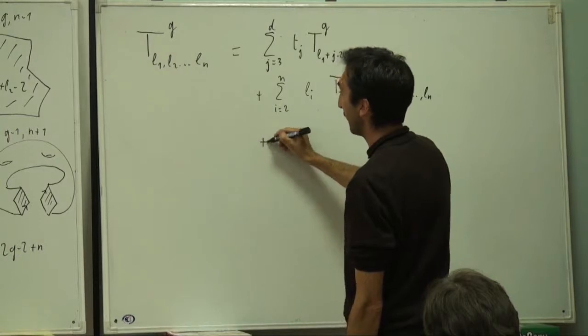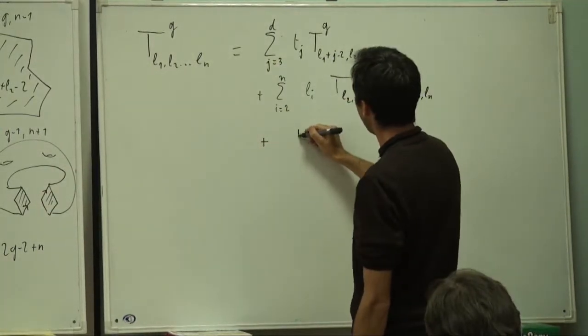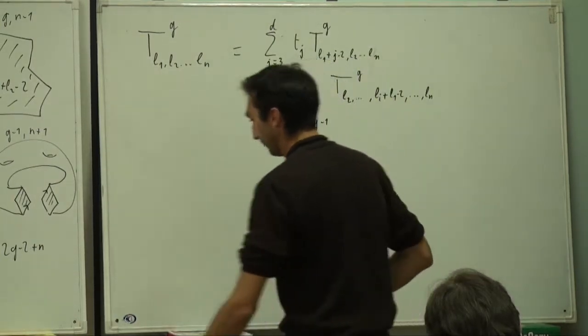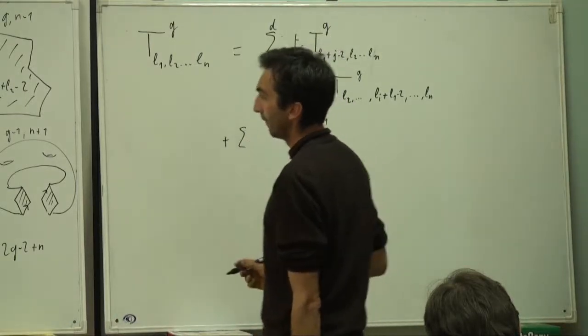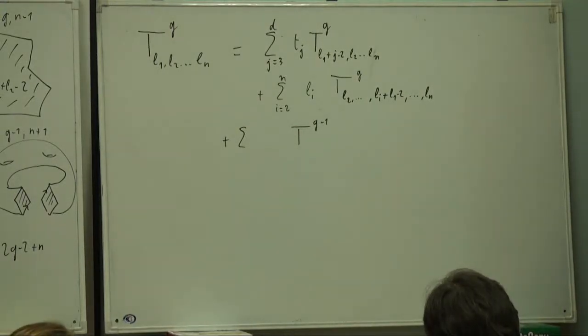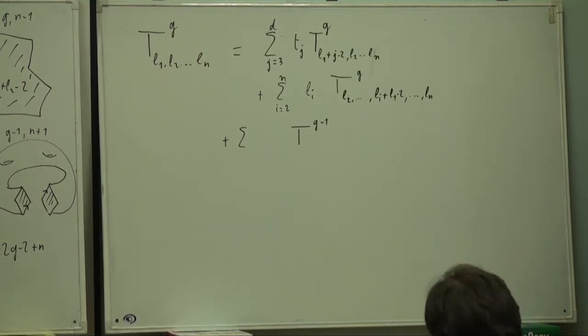So plus, so let's see this term, g minus 1, plus sum. Yes, and here the length of it, well, we had a total length L, so the total number of edges on those two faces must be L minus 2, because we have removed somehow 1 and 2.